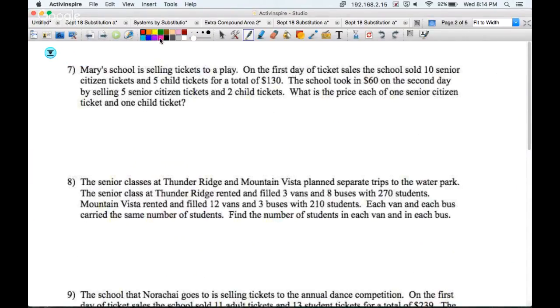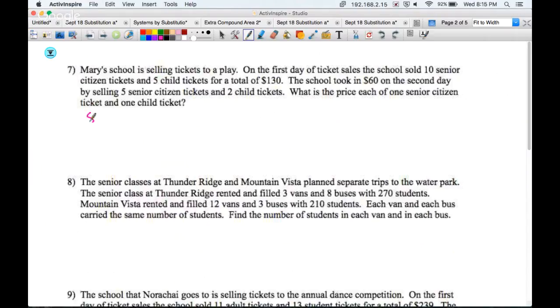Starting with number 7, Mary is selling tickets to a play. On the first day of the ticket sales, she sold 10 senior tickets and 5 child tickets for a total of $130. So I need some variables here. I know how many she sold, but I don't know what they cost.